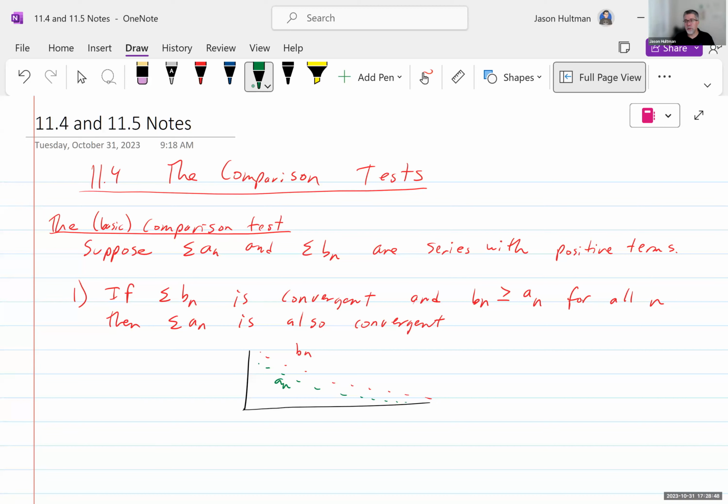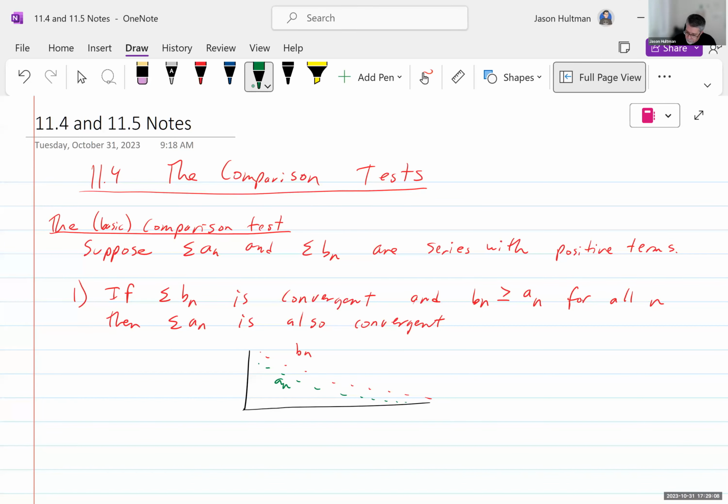Okay, it's kind of getting squeezed in between there. So we're saying, look, if the terms for b sub n are getting smaller and smaller and smaller, and it does have a limit, then a sub n also converges.